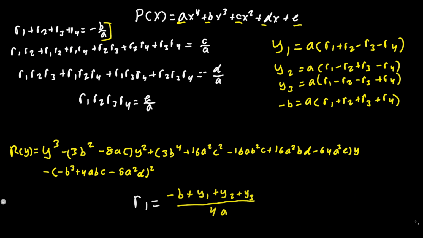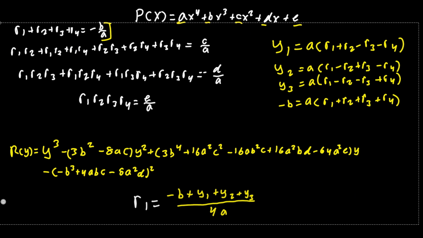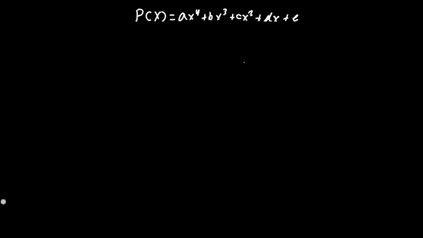And of course, you could make a lot of resolvents from the quartic because of the very nice properties that come with it. We'll just look at one more specific resolvent. So let's look at a depressed quartic, x to the 4 plus px squared plus qx plus r.